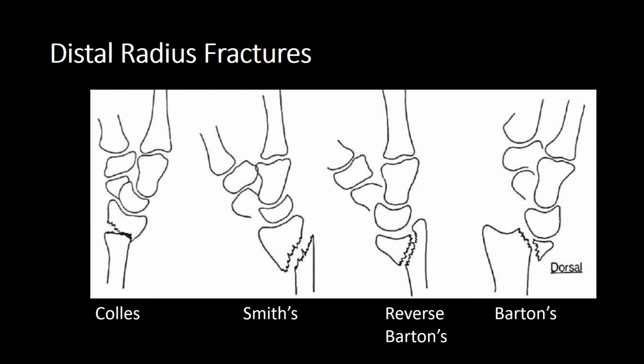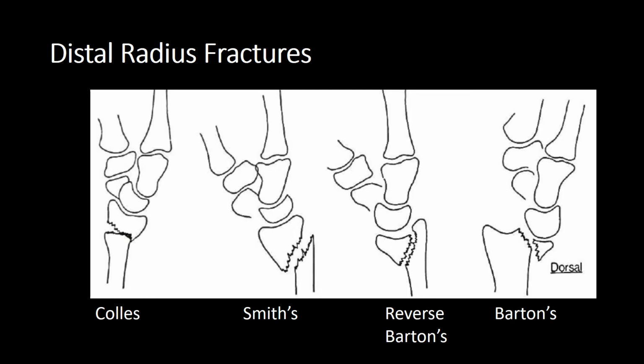So that's really important. So a reverse Barton's is an intra-articular fracture of the radiocarpal joint with volar displacement of the distal fragment and with the carpus migrating with the fracture fragment.